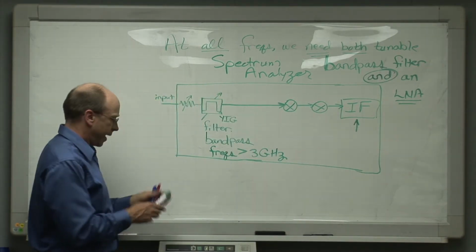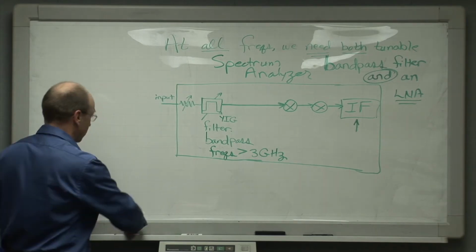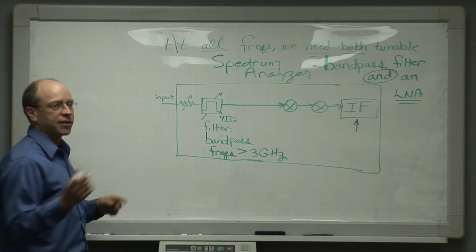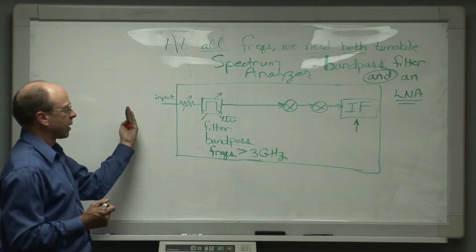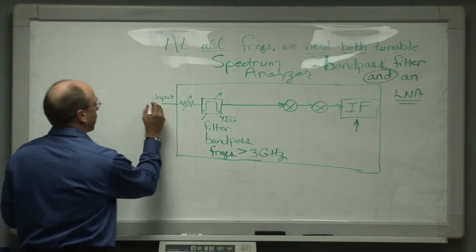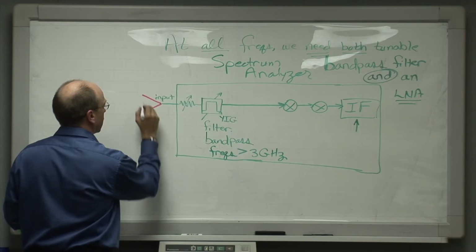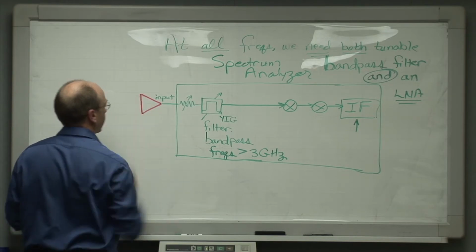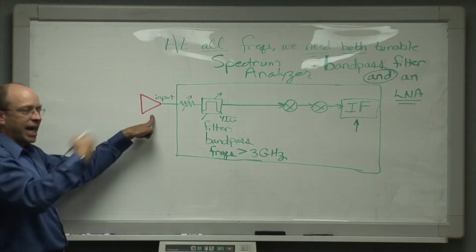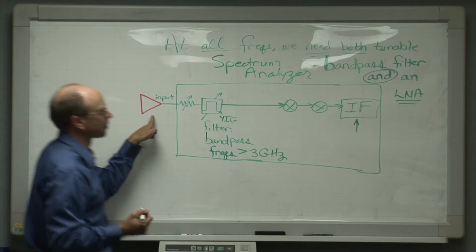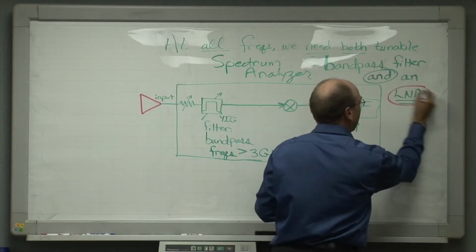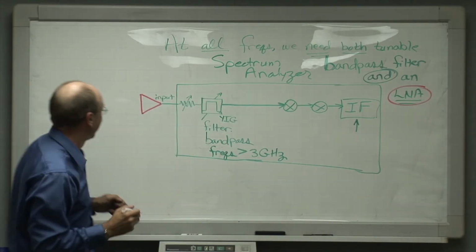So, here's what we've had to do. We've had to back ourselves out of the spectrum analyzer and put our own LNA up at the front, like so. So now, because we have our LNA at the front of the analyzer, we know that for all frequencies we have an LNA.